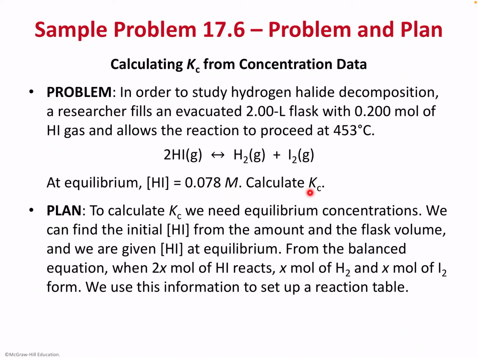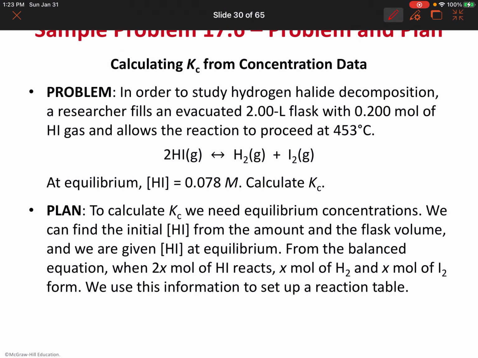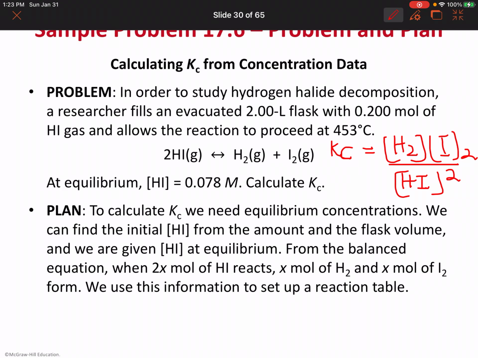Now, how do you find the Kc? Remember, the Kc is going to be, now our products are hydrogen, the equilibrium concentration of hydrogen and the equilibrium concentration of iodine, over the equilibrium concentration of HI. We know the equilibrium concentration of HI, and we need to find hydrogen and iodine.